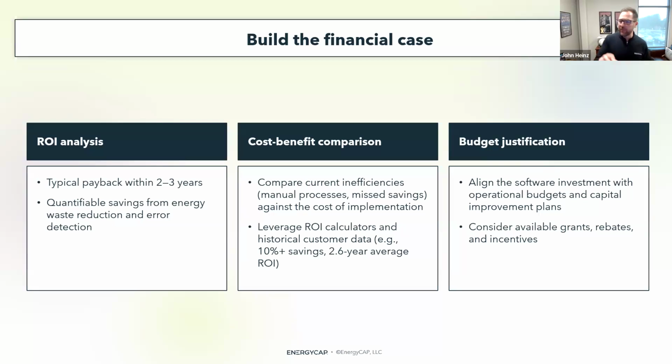As I mentioned earlier, if you do that and you can calculate some time, you can start to put some numbers to it and say, well, we feel like we're spending this much time. EnergyCAP said we could save 37 hours. Okay, well, you can start building out more ROI comparisons.